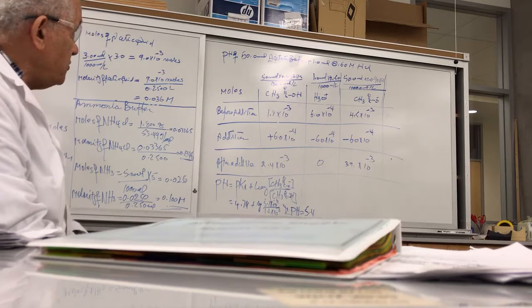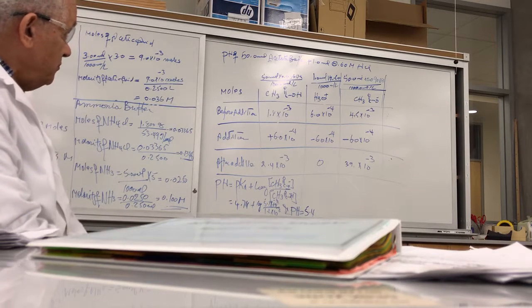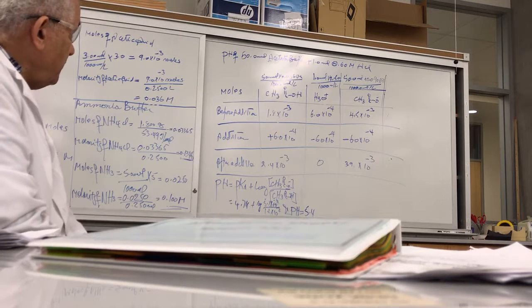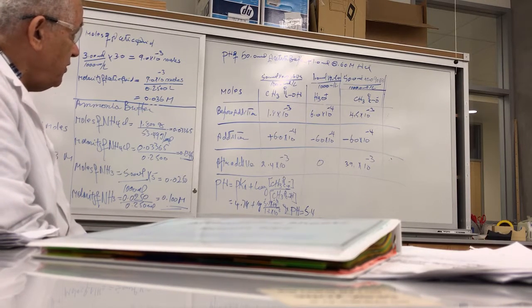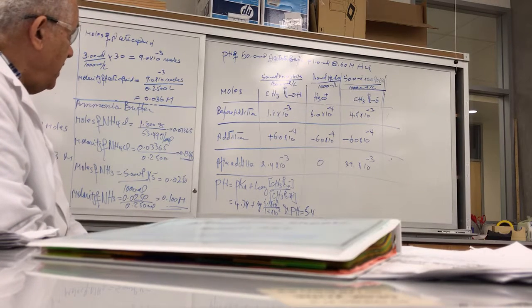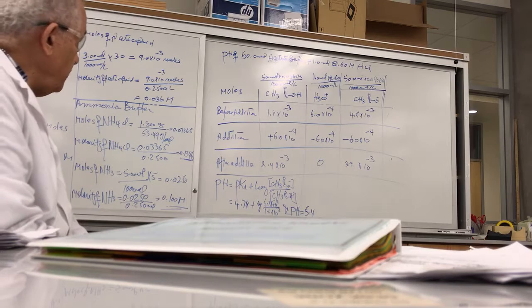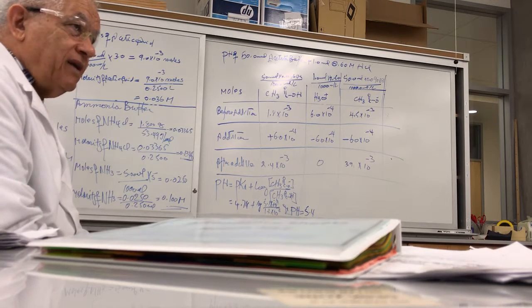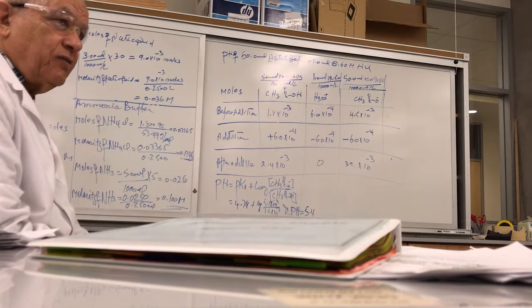I don't know, but this could be a good question in the final exam because it will be easy to do. They give you 50 milliliter of acetate buffer plus 1.0 milliliter of 0.6 molar, and they give you the initial molarity of the acetate and the initial molarity of the acetic acid, and want you to do the math, find the number, and compare it to what's given to you.